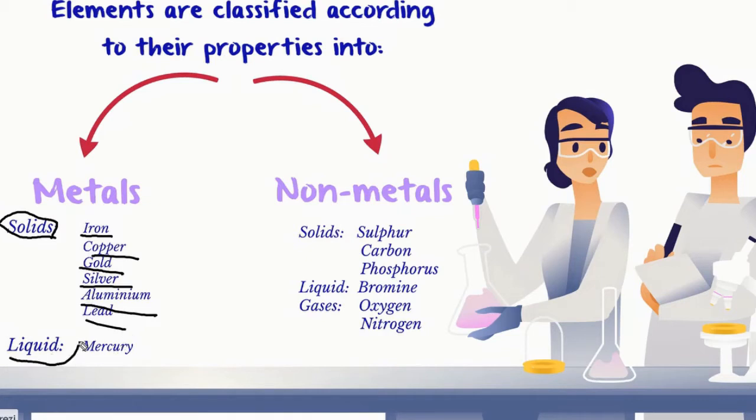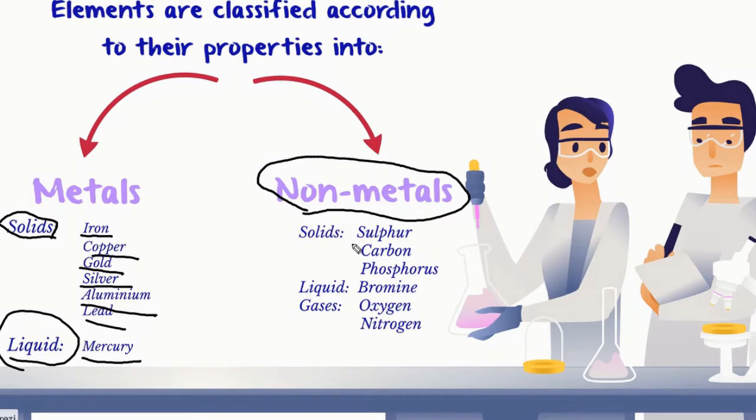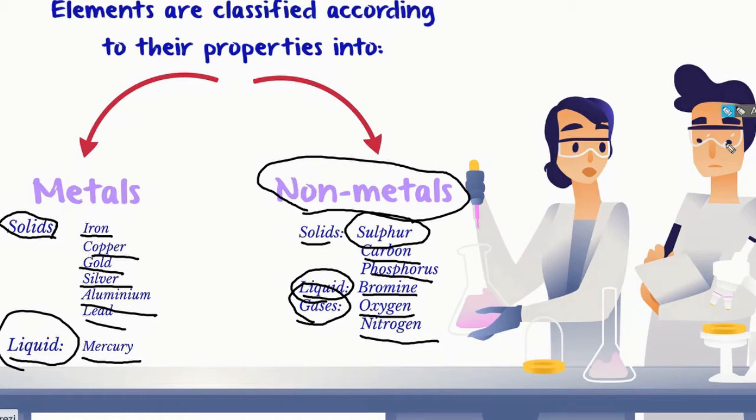And there is also a liquid metal like mercury. Examples of nonmetals are solids like sulfur, carbon, and phosphorus, liquids like bromine, and gases like oxygen and nitrogen.